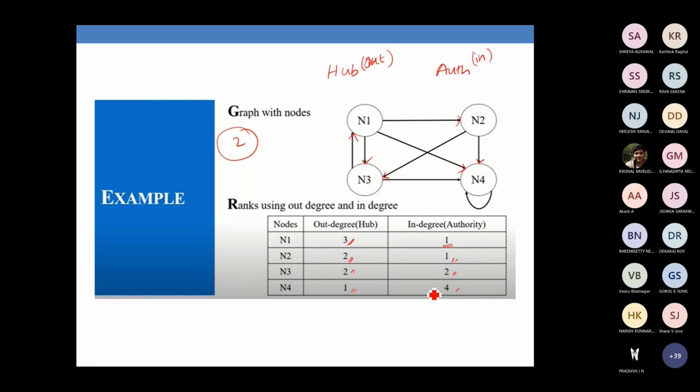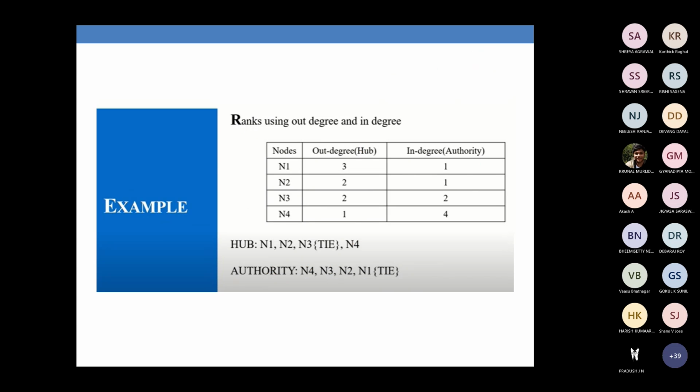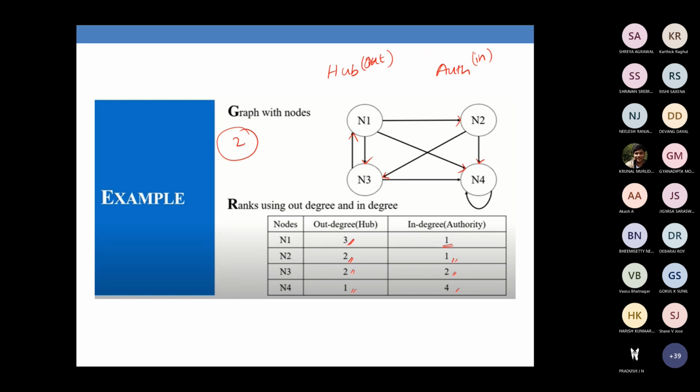Now what you are going to do is rank the nodes according to the hub score and authority score. This is the third step. You see the node N1 has the highest hub score: 3, 2, 2, 1. Anyhow, it is already sorted since we got the answer like that.